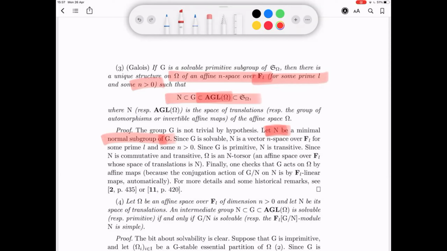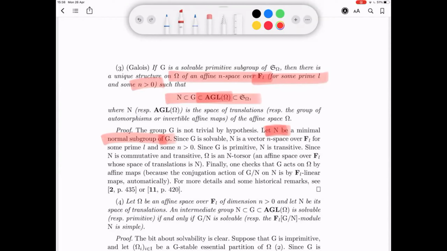So, very concretely, if you have a one-dimensional vector space, then what are the automorphisms of this vector space? X goes to A times X, where A is some scalar. And what are the affine automorphisms?